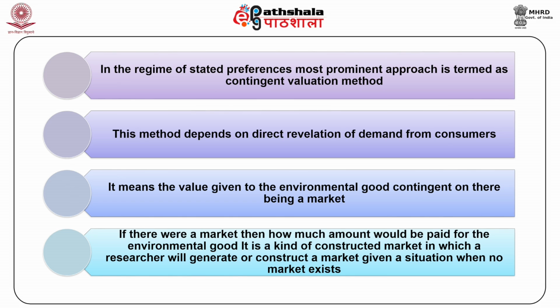That is, if there were a market, then how much would be paid for the environmental good? It is a kind of constructed market in which a researcher will generate or construct a market given a situation when no market exists.